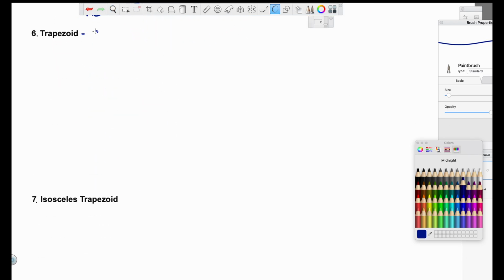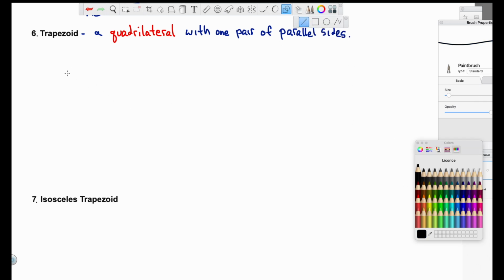Okay, trapezoid is not a parallelogram. It is a quadrilateral with only one pair of parallel sides. This will still give us some interesting properties.